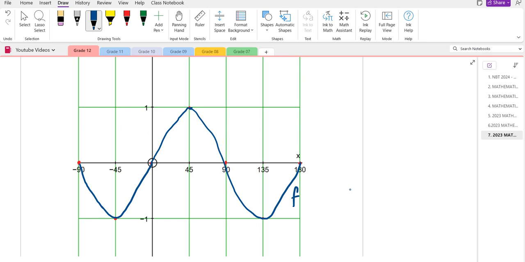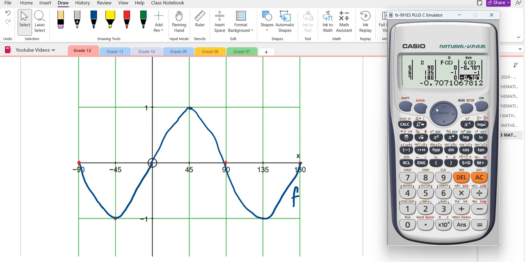Now let's look at the graph of g. When it is 0, the value is 1. No, at minus 45. Let's go back. The first value, when it is minus 90, is 0.7071.